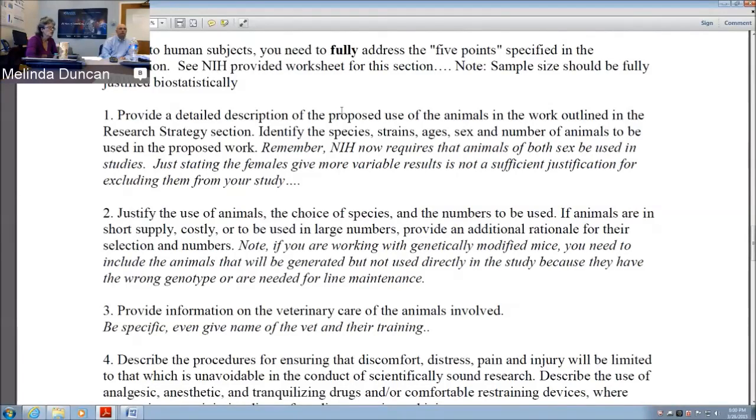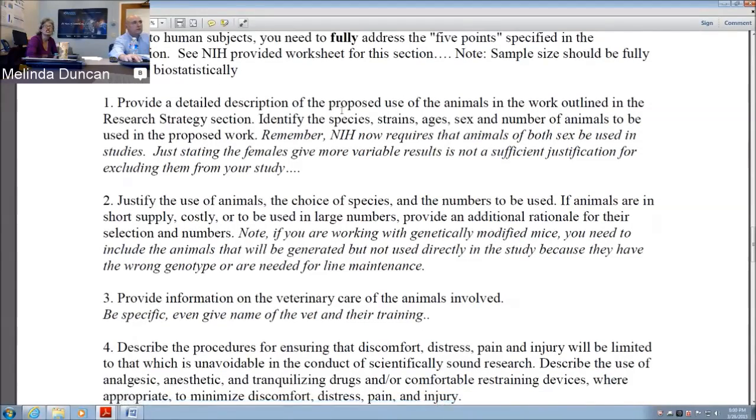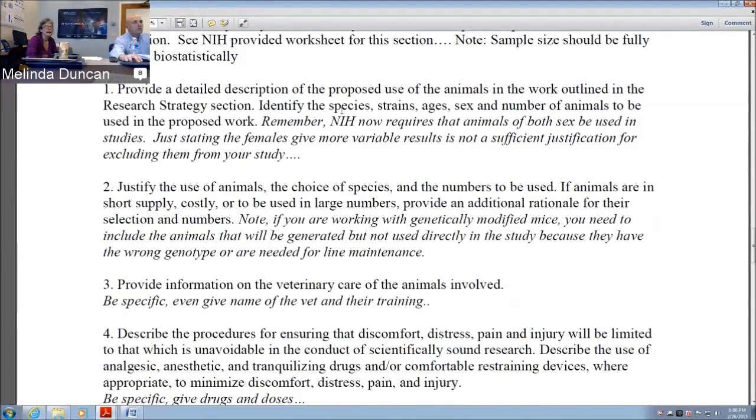Okay. So the last two sections are little teeny sections, but they can cause you big trouble if you don't do them. The one is the resource and data sharing plans.